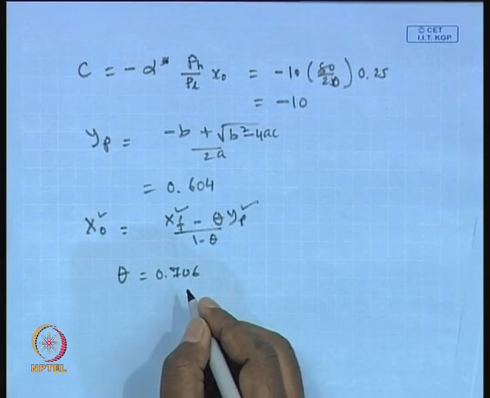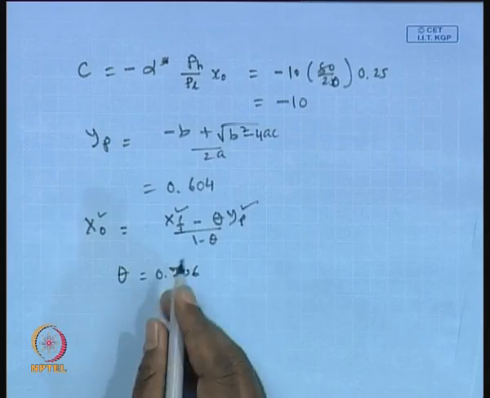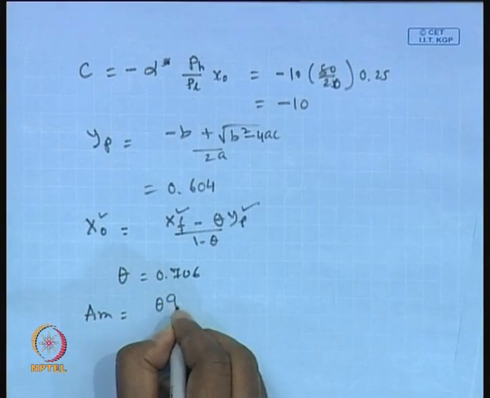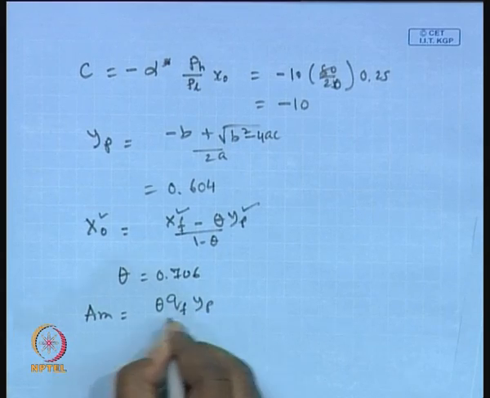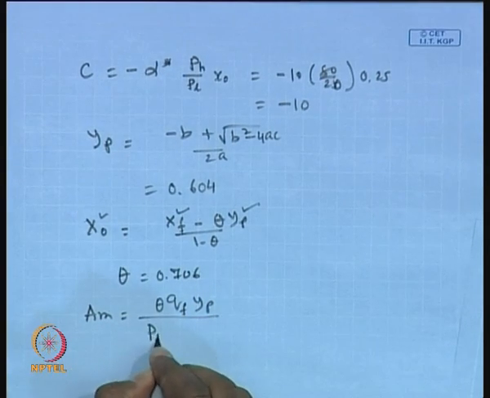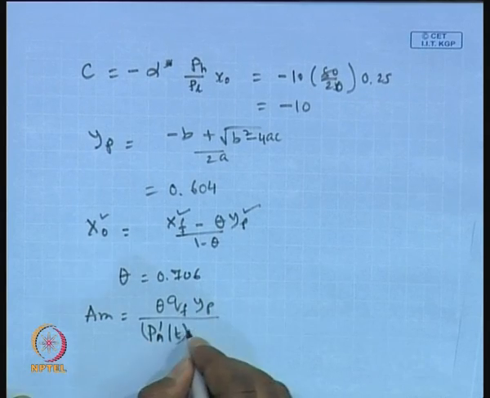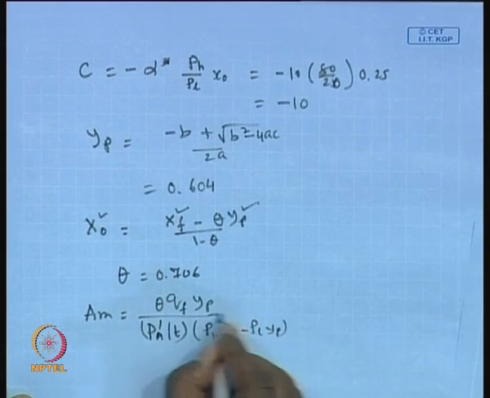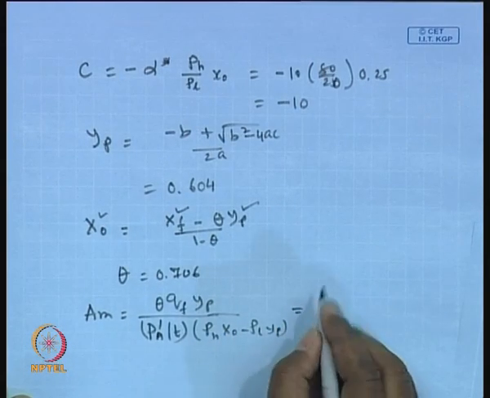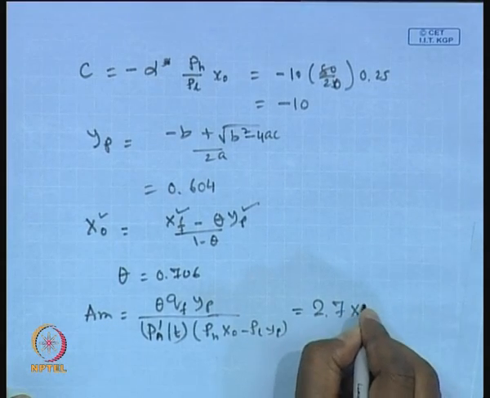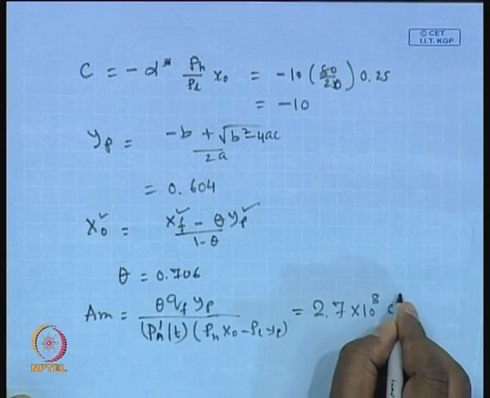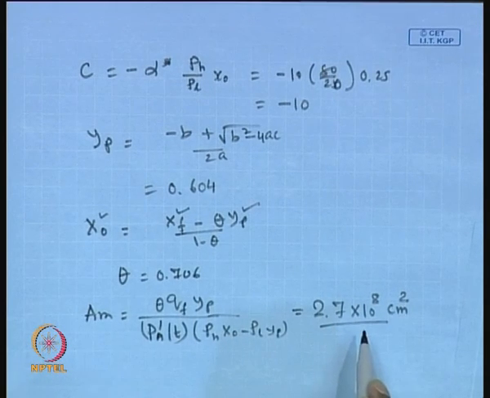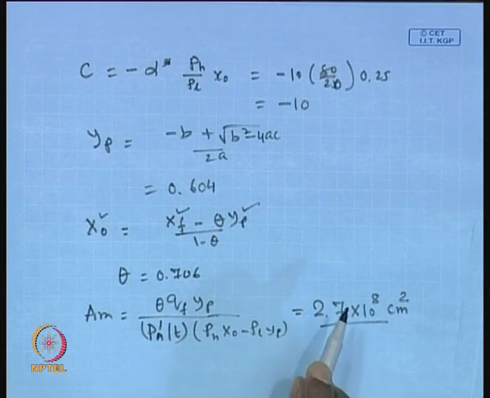So, for this particular problem, 70% of feed can be recovered in the permeate, and the expression for Am, if you remember, was theta times QF times yp divided by PA prime divided by t into pH x naught minus PL yp. Now, if you put all the values, this turns out to be 2.7 into 10 to the power 8 centimeters square.